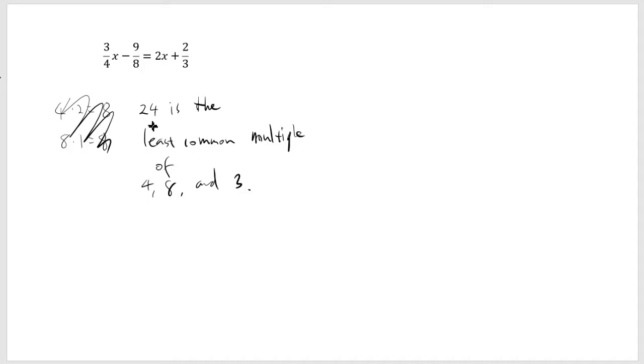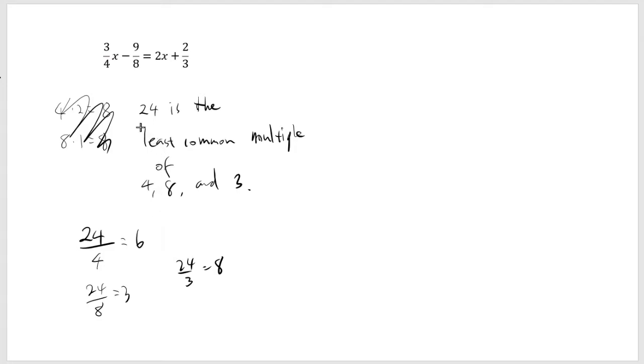Saying that this number is a multiple of something means that if you divide by these numbers, you get a whole number. So 24 divided by 4 will give you 6. 24 divided by 8 gives you 3, and 24 divided by 3 gives you 8. So another way to say this is 24 is the smallest number which is divisible by all these numbers and gives you these whole numbers.